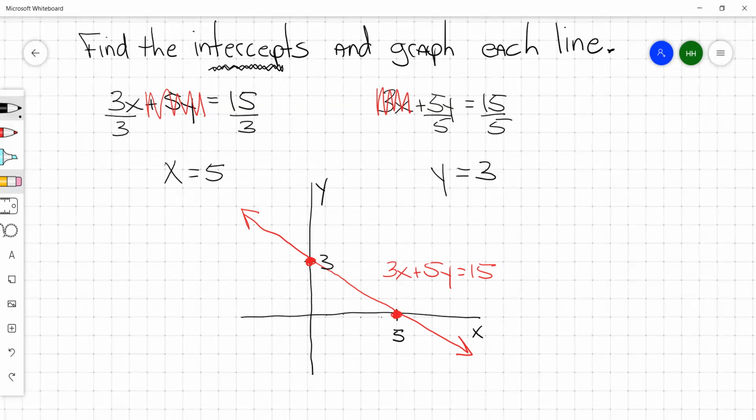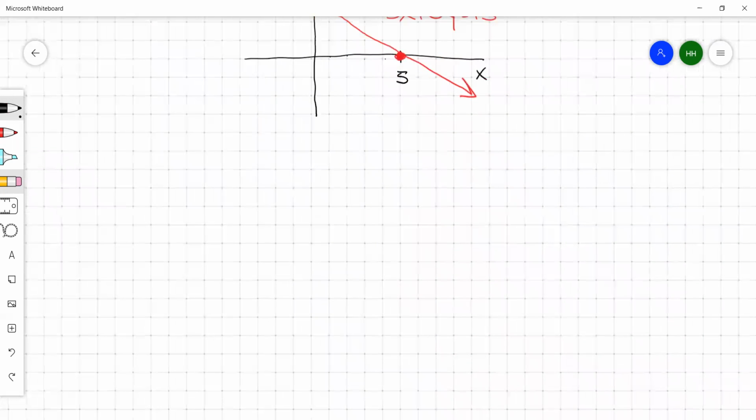All right, let's do one more of those. Same directions, find the intercepts and graph each line. Now you're given 2x minus 4y equals 8. All right, so we write it again: 2x minus 4y equals 8. In the first equation, I'm going to get rid of the y.